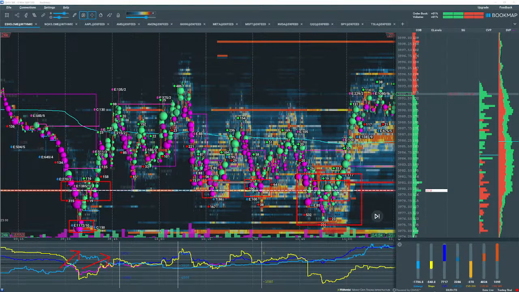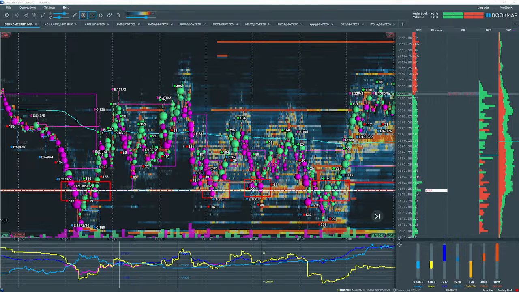And you can see all the green dots coming in here, no more pink dots as price increases. And again, the buy stop orders firing off, cumulative volume delta rising, and iceberg orders rising.